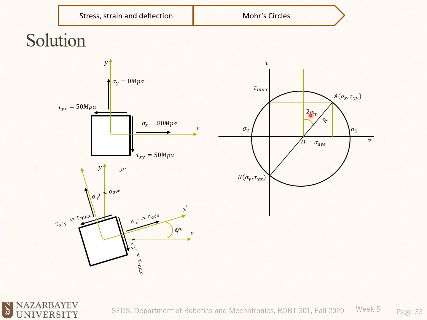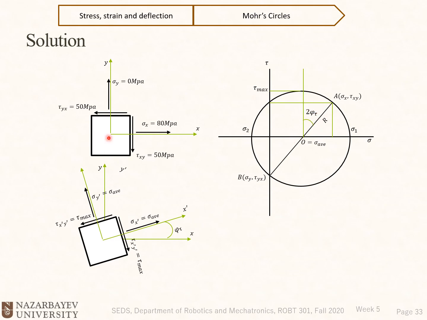How could we calculate phi tau? We have this angle here, 2 phi tau, and this right triangle here, and by taking the tangent of these 2 phi tau, we can find it. So based on the geometry here, we can find phi tau.